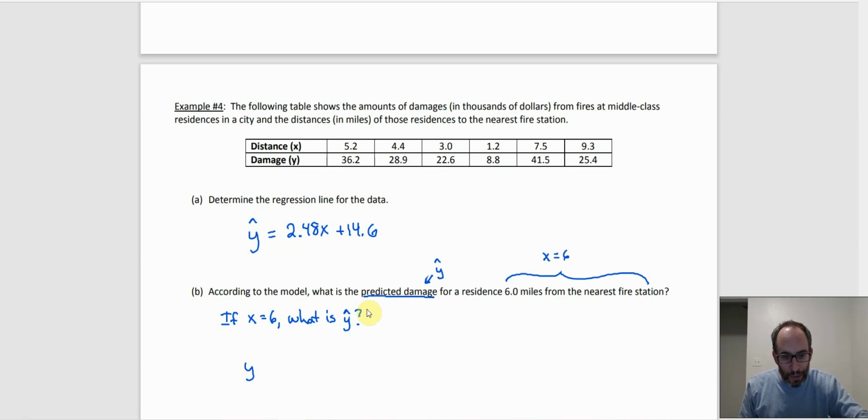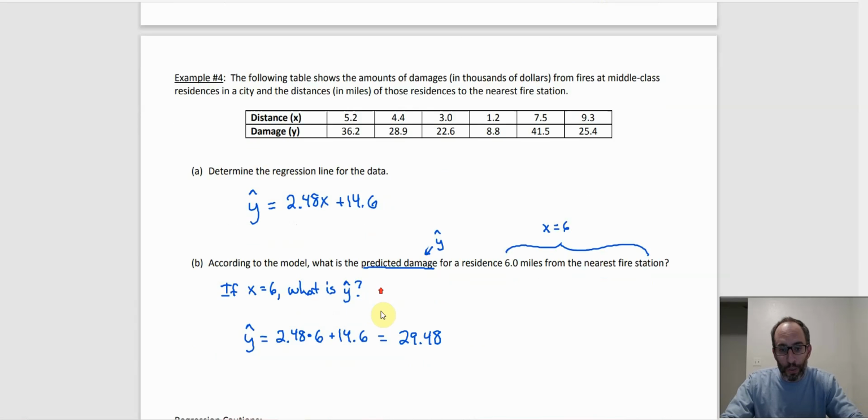So then you'd have that y hat is 2.48 times 6 plus 14.6. And what you end up with is 29.48.